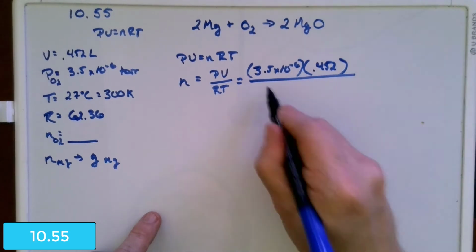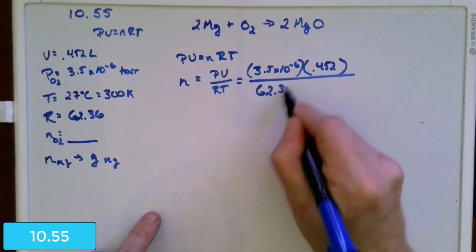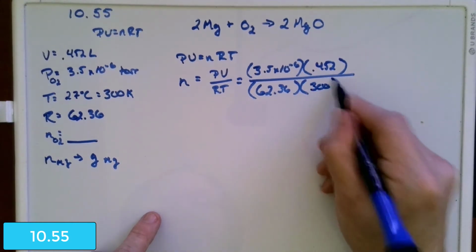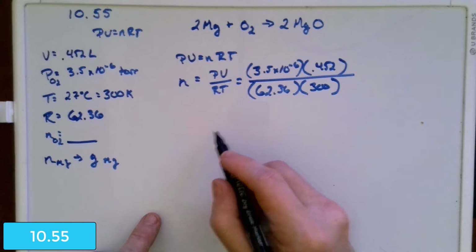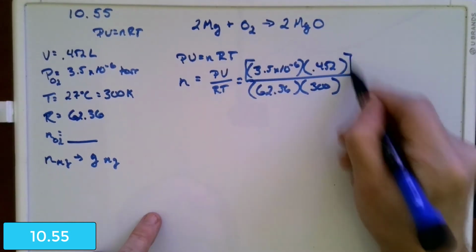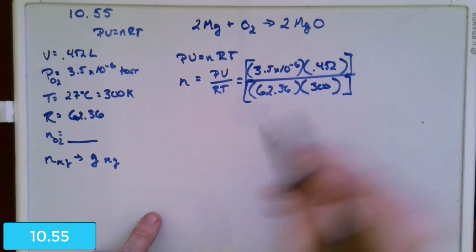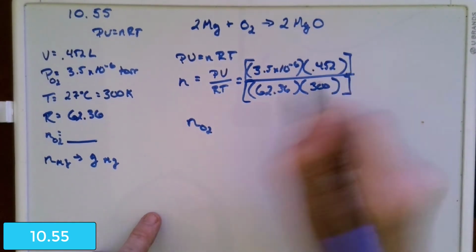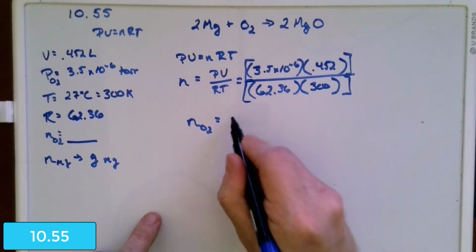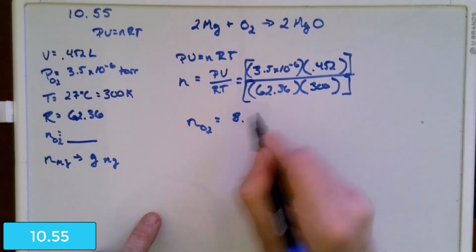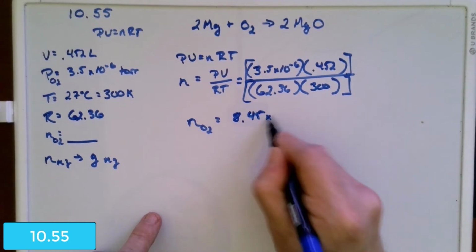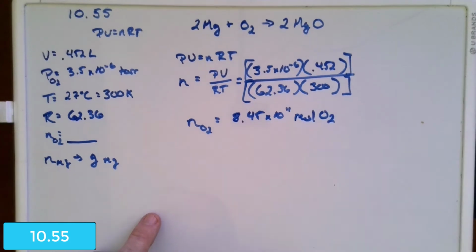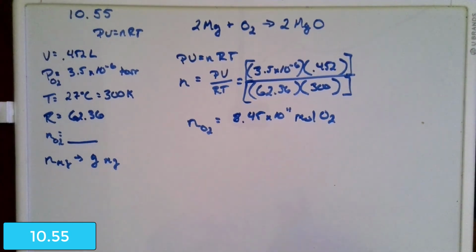The R value for torr was 62.36. And then finally, the temperature happens to be 300 Kelvin. When we solve for this, making sure you use the right order of operations, it's product of the top divided by product of the bottom. The number of moles, remember, of oxygen, because these are oxygen's conditions, will be a relatively small number. It'll end up being around 8.45 times 10 to the negative 11 moles of oxygen. And that is not what is actually being asked for.